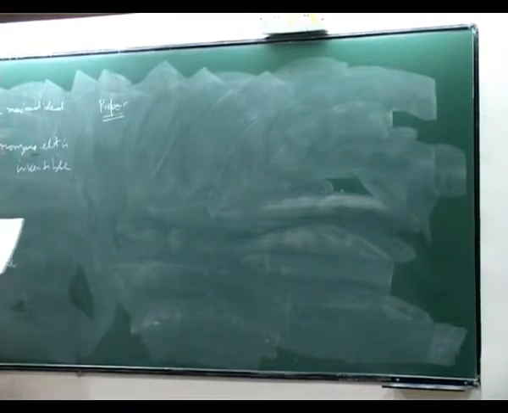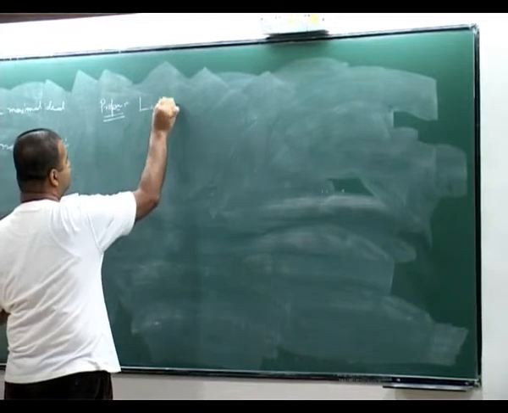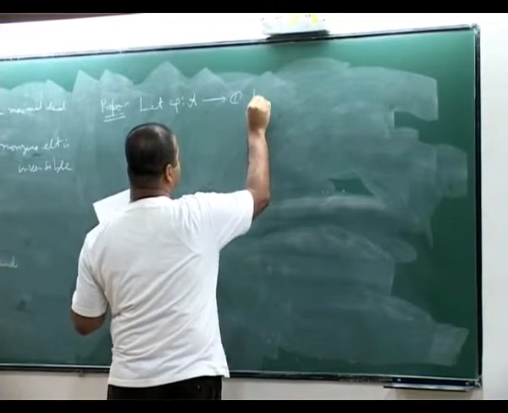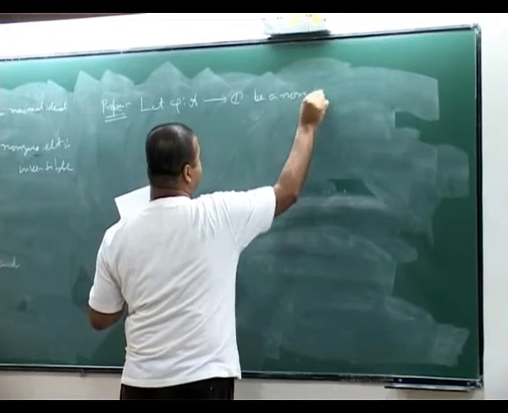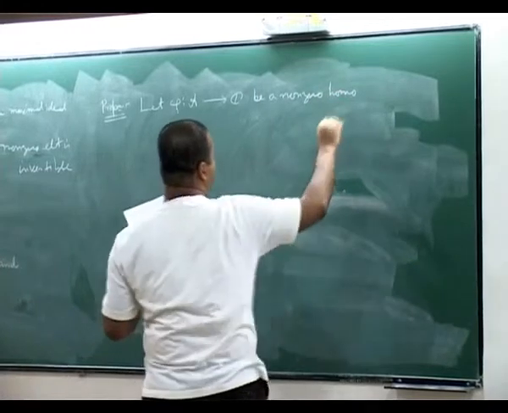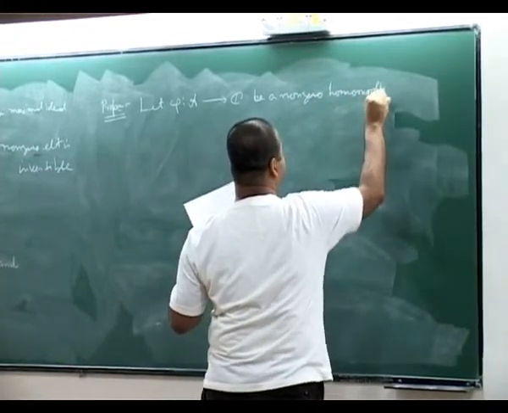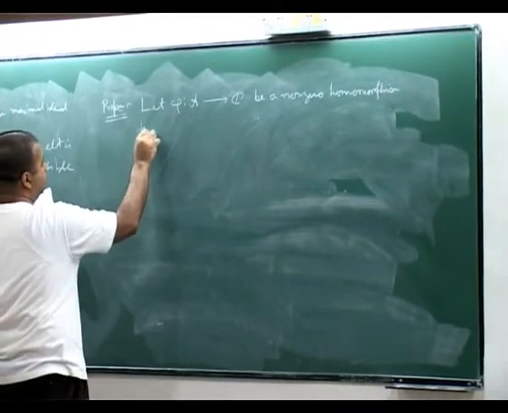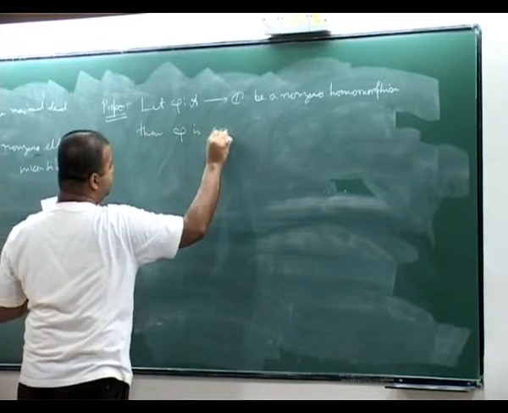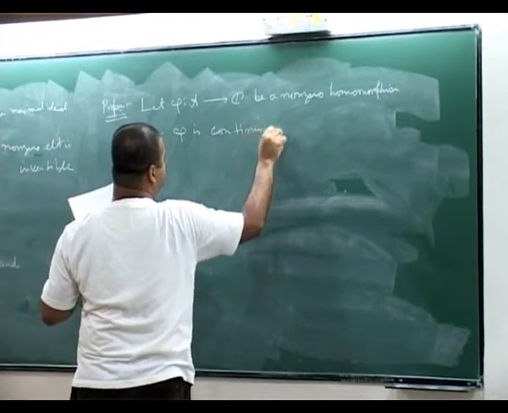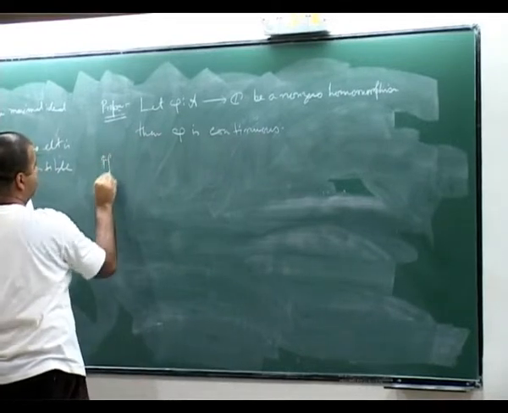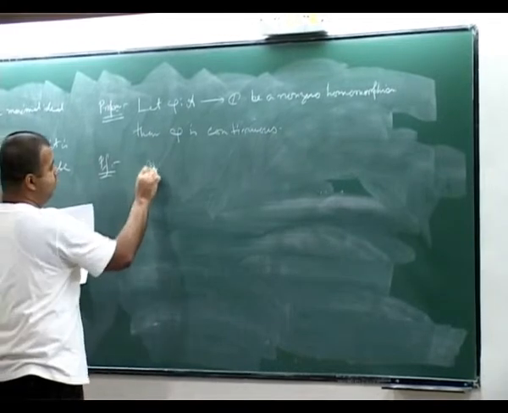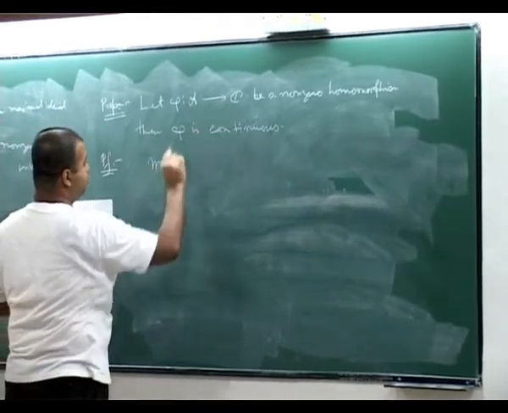So suppose we have a non-zero homomorphism, then phi is continuous. You look at this object, so it is crucial that C is a field.